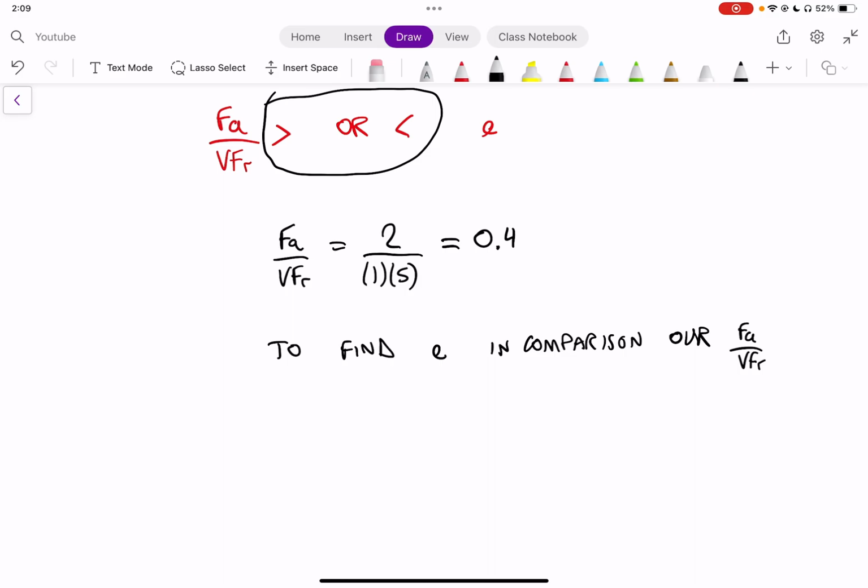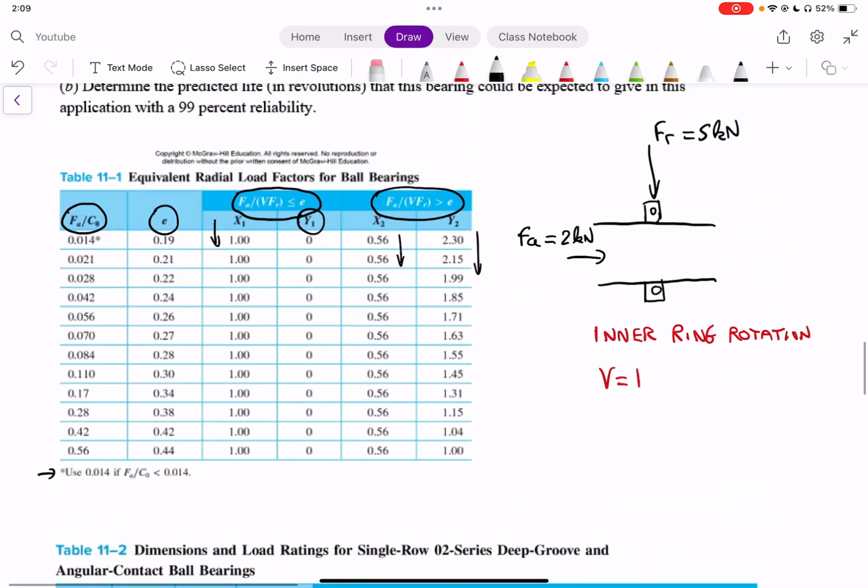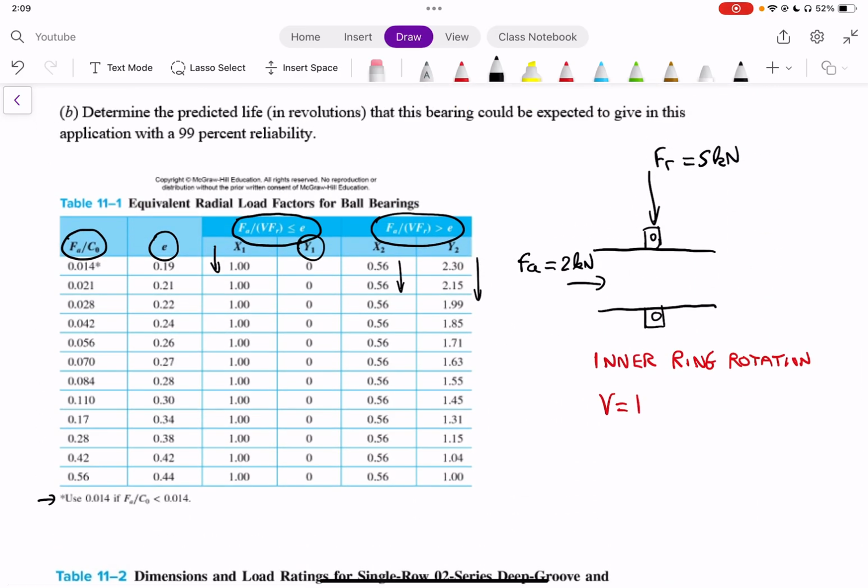So if we go back to our chart above, or our table 11.1, we now have FA over VFR. Let me erase all this so that we can see it. We have FA over C0, we have an E value, and we already have our FA over VFR. What we need to figure out is whether FA over VFR is greater or less than E. So in order to find E, we're going to find FA over C0.